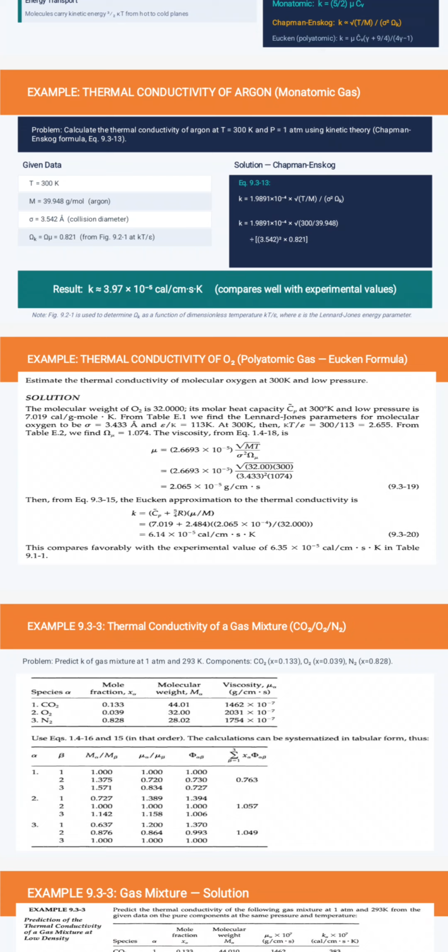At 300 Kelvin, KT by epsilon is 300 by 113, which gives us 2.655. From table E.2, we find that omega mu is equal to 1.0714, which gives us K to be roughly equal to 6.14 times 10 to the power minus 5 calorie per centimeter second Kelvin.